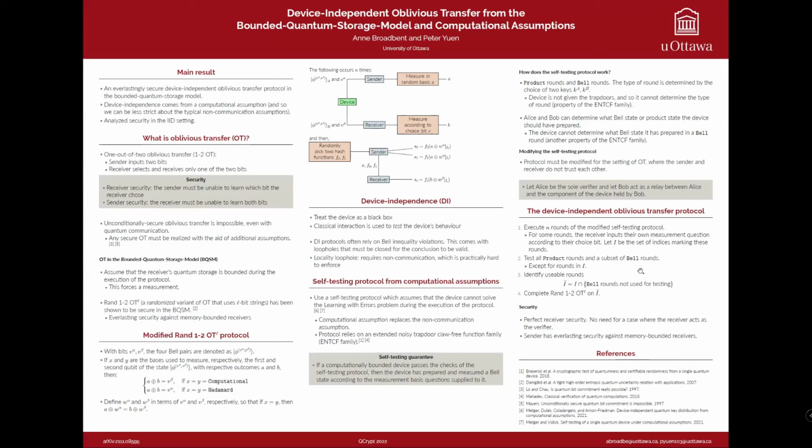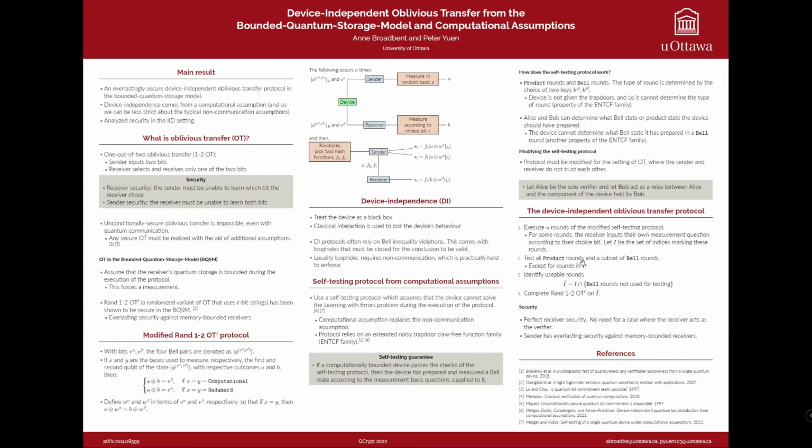And then when it comes to testing the device, the sender is going to test all the product rounds and some subset of the Bell rounds. This means that the receiver, Bob, would have to send over the output that he got for these rounds, but he will explicitly exclude information from the rounds in I, because in those rounds the receiver has done their own thing, measured according to their own choice bit.